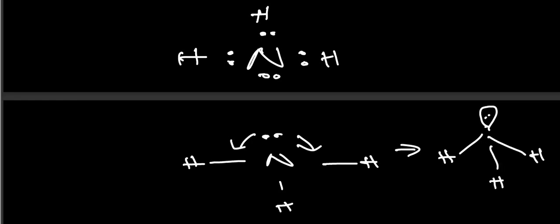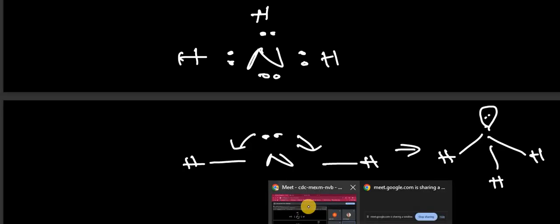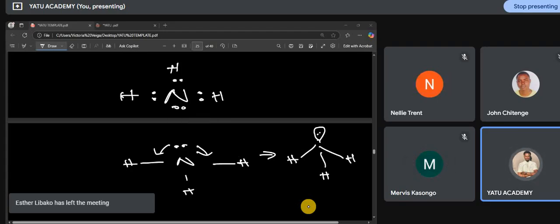Then the other hydrogen is down there. This has given us the shape for the ammonia ion. I hope this will help a bit to understand what was talked about in the recorded video that I once shared.